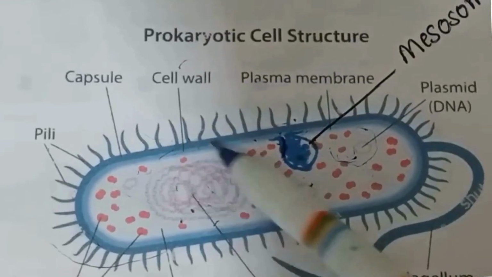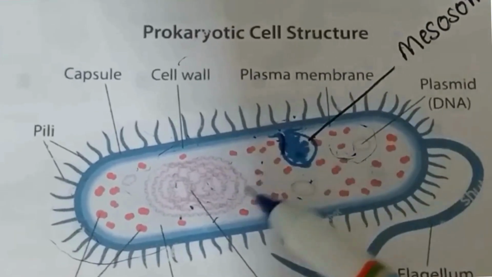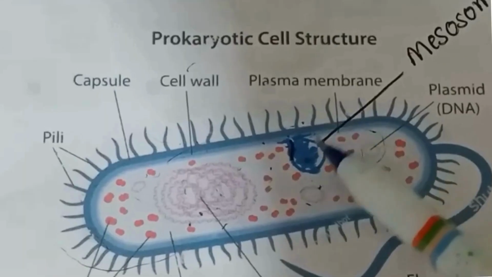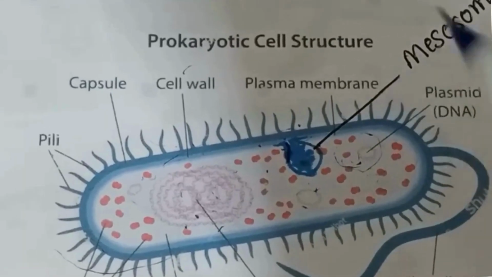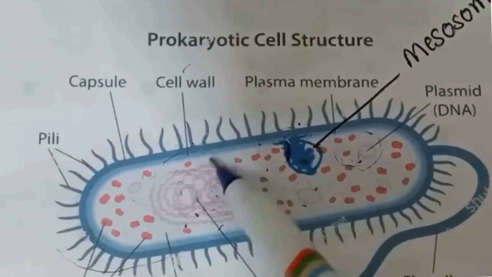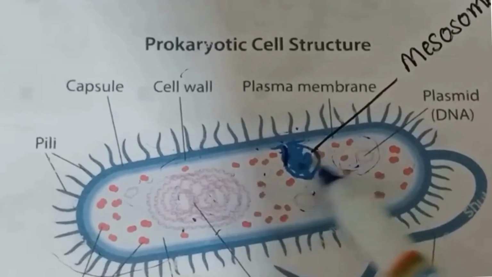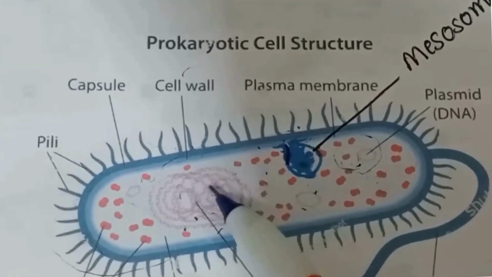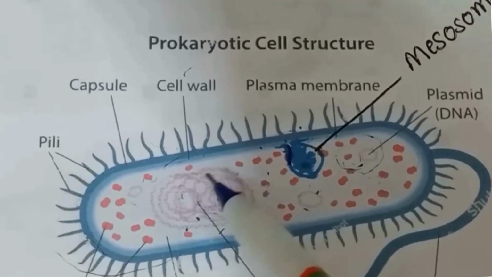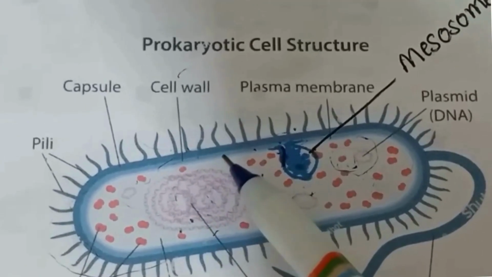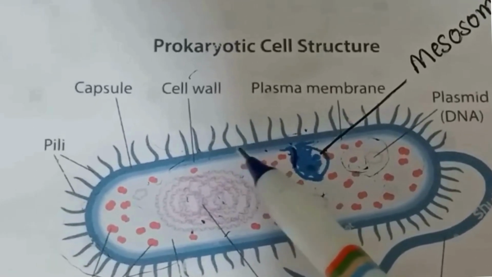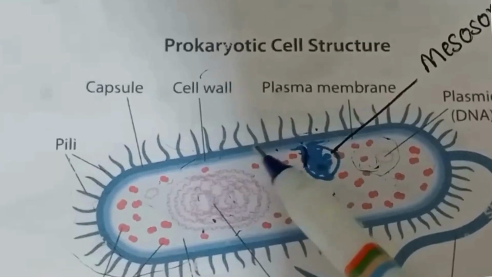It contains a cell wall which surrounds the plasma membrane, which is selectively permeable in nature, so it interacts with the outside world. It contains a fluid matrix which fills the entire volume of the cell, known as cytoplasm. It contains a nucleus which is not well defined, and the genetic material of the prokaryotic cell is naked because it is not enveloped by any nuclear membrane.